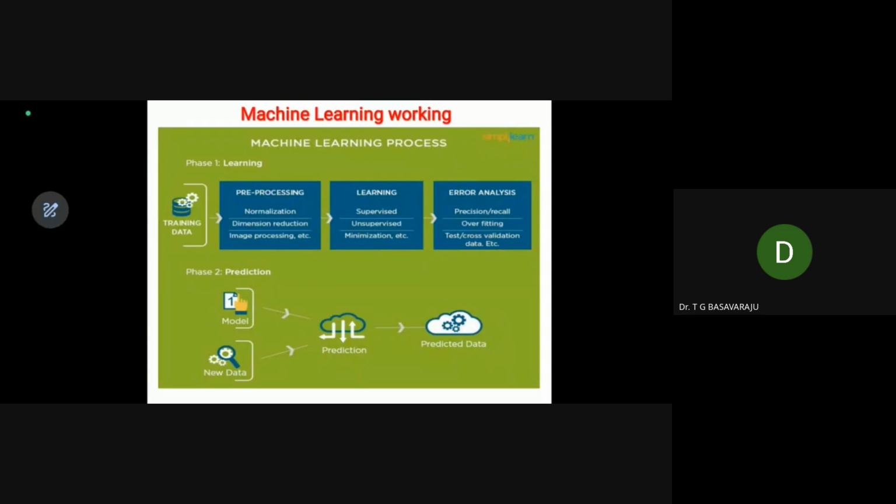In phase 2 we do the prediction, checking whether the new data that has been given matches the model or the labels that we obtained during training. This new data is considered the test data, and we do the prediction on it. So this is the generic working, I can say.